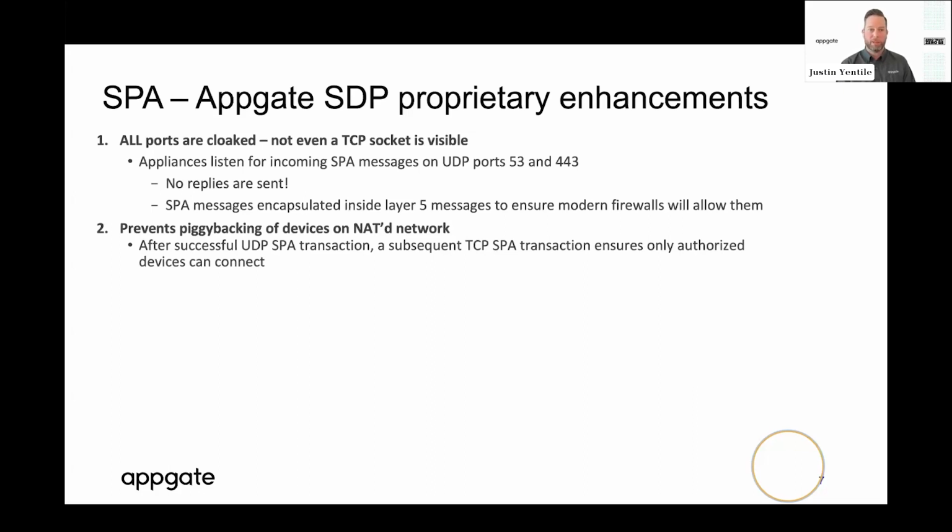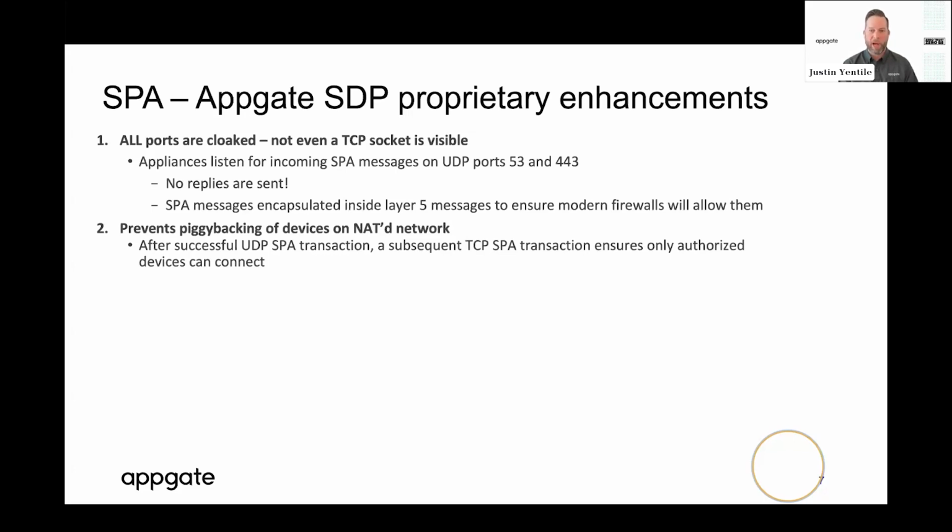Second thing that AppGate has done to enhance the single packet authorization specifications is we can help to prevent piggybacking of devices on a NATed network. While those incoming ports are listening for those two UDP packets, after that SPA transaction takes place on the UDP service, there would be a subsequent local TCP port 443 that gets opened up on the appliance.